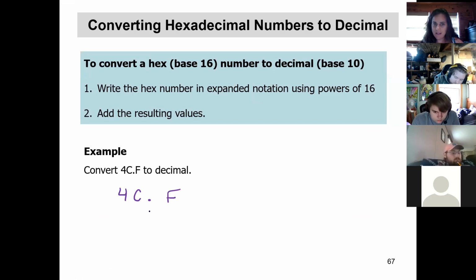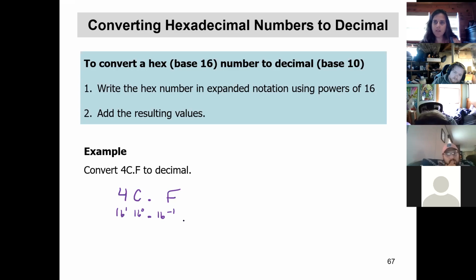Next to the hex point, on the left side, is going to be base 16 to the 0 power. And then it's going to be 16 to the first power, 16 to the second power, and so forth. To the right of the hex point, this would be 16 to the negative 1 power.